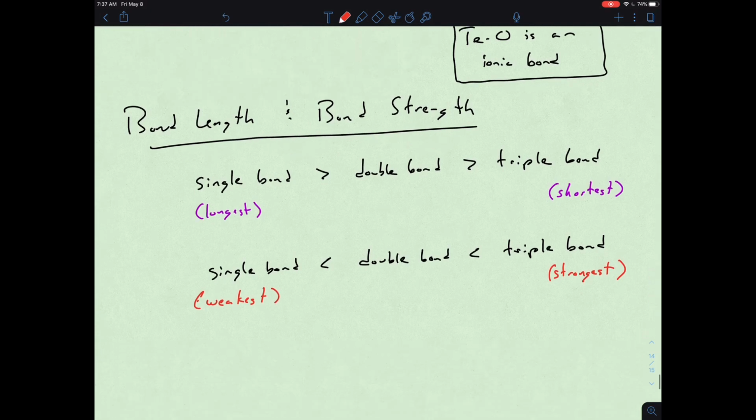So there's a correlation there, meaning the shorter the bond, the stronger the bond.